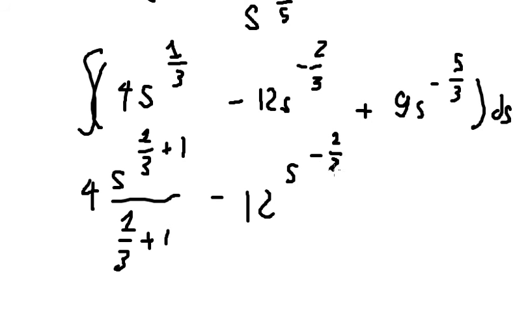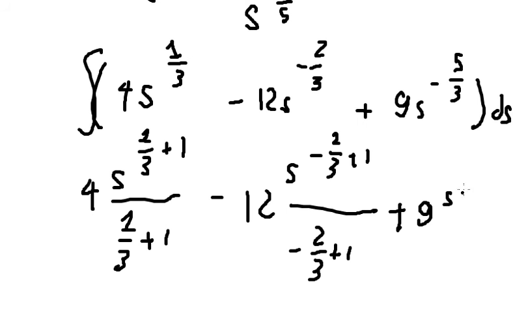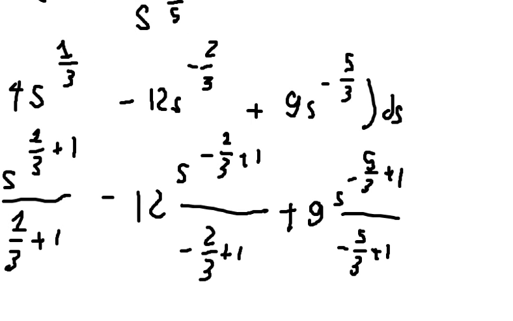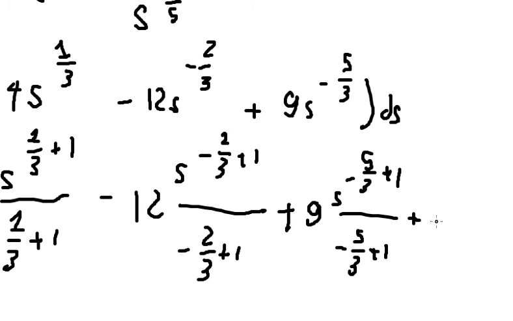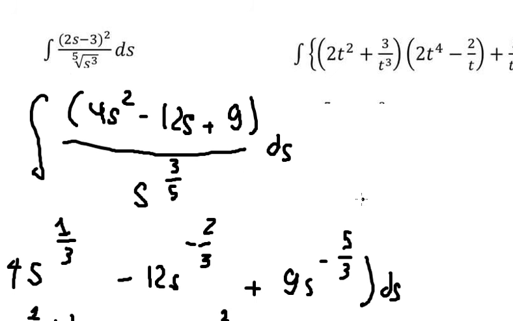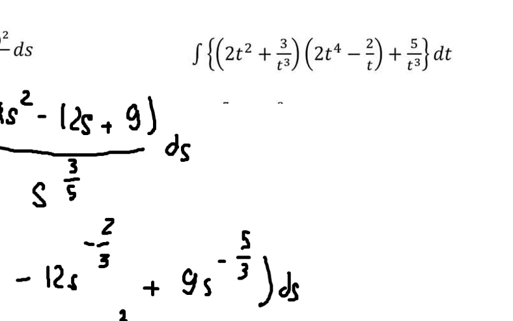Negative number 2 over 3 plus 1 over negative number 2 over 3 plus 1. Now you can simplify by yourself, and we put about C in here. Now let's go to the next one.